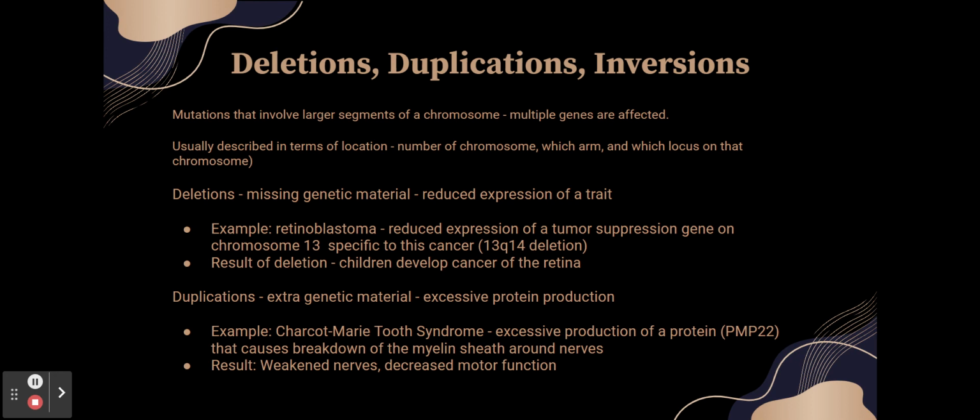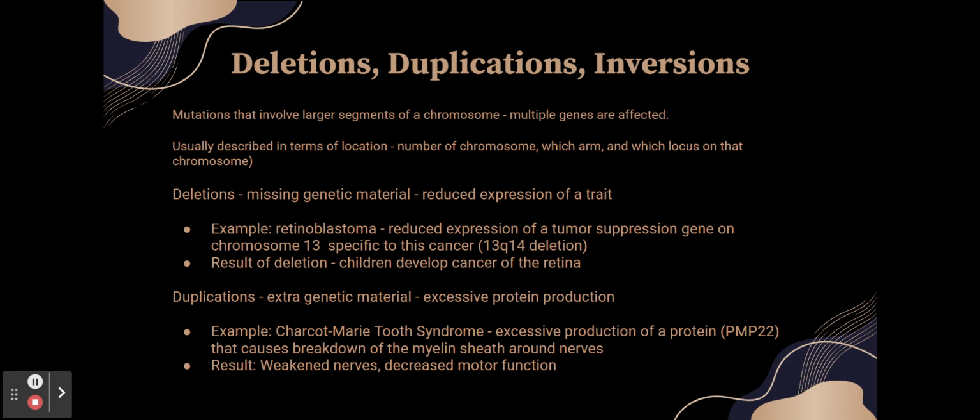If we have a duplication, that is extra genetic material. So sometimes that happens. Try to visualize this, as I couldn't find a picture of it. The DNA kind of folds and sticks on itself. So the RNA reads it and then kind of repeats it.